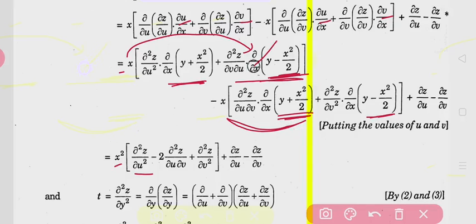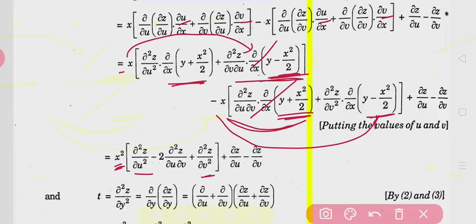So this is a plus sign, this is a minus sign, that will cancel out. Okay, and here also minus x is there and minus x is there. So minus x into minus x becomes plus x² into ∂²z/∂v². So plus x² is already common, so ∂²z/∂v².